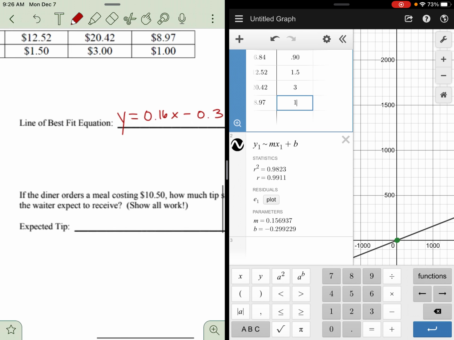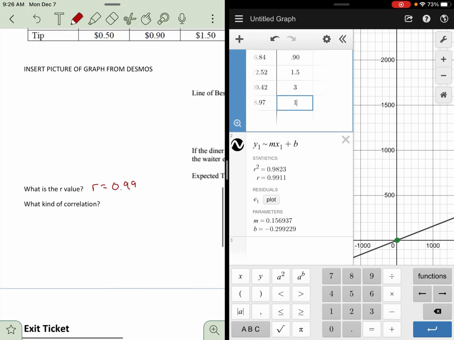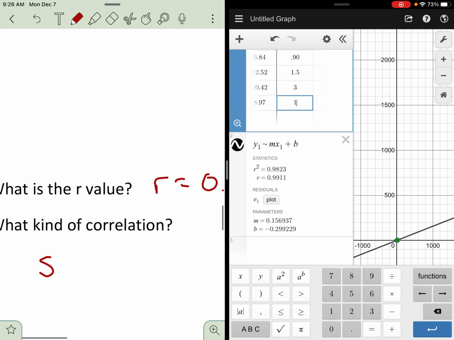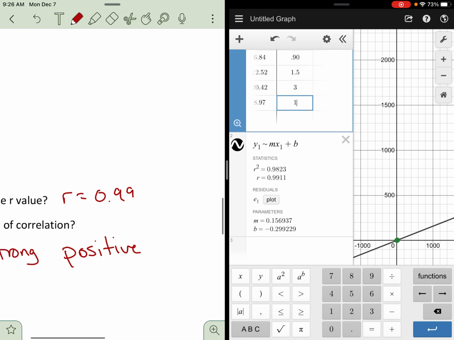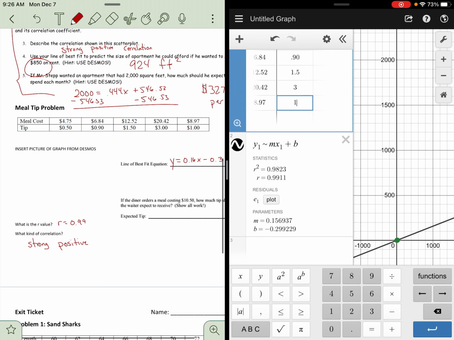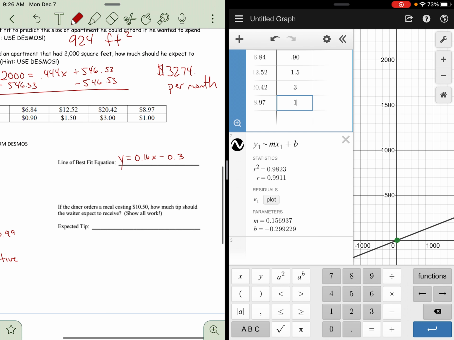What is the R value here? Let's type this in. This is 0.99. What kind of correlation? Clearly very strong, positive, with 0.99. So there's your line of best fit, given the information that Desmos gives us.